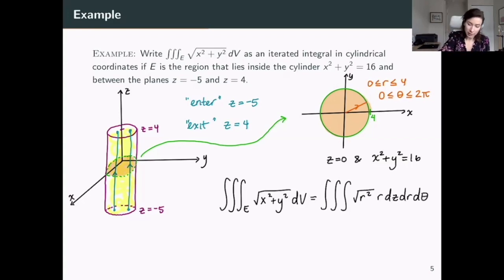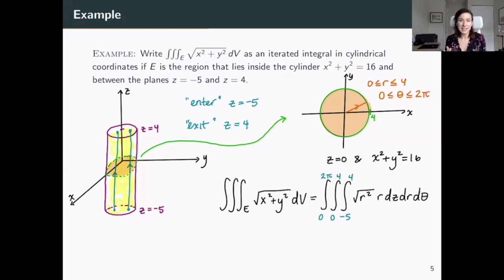We know that our z values are going to be ranging from where we enter at z equal to -5 to z equal to 4. And for our r, that's going to range from 0 to 4. And finally, for our thetas, that is going to range between 0 and 2 pi.